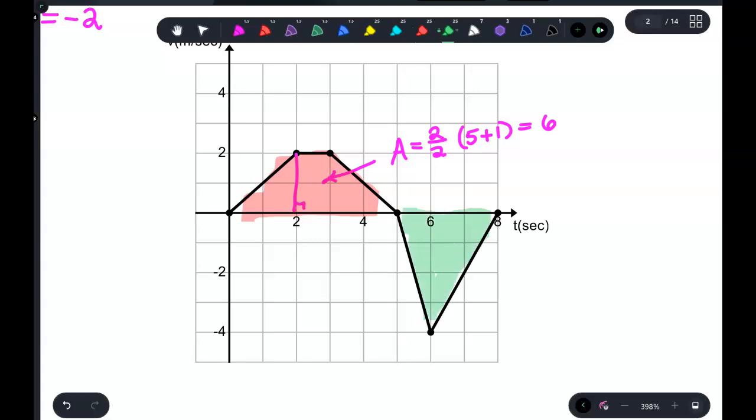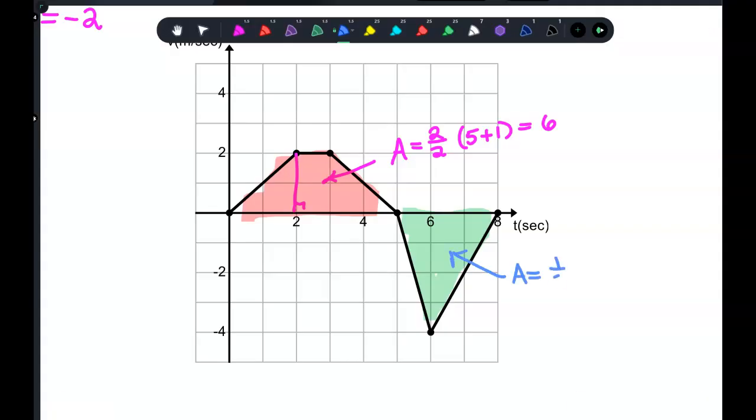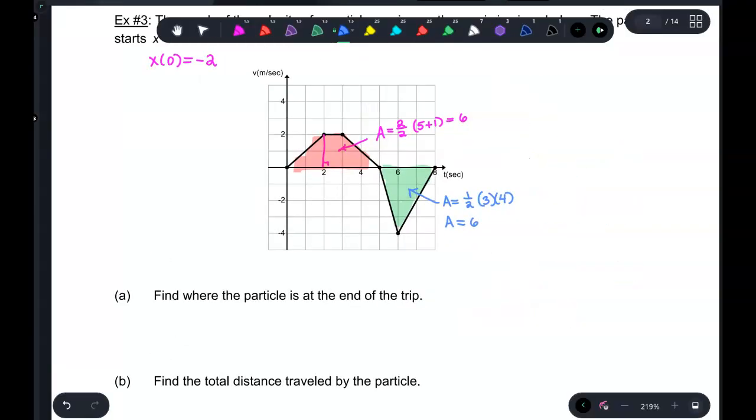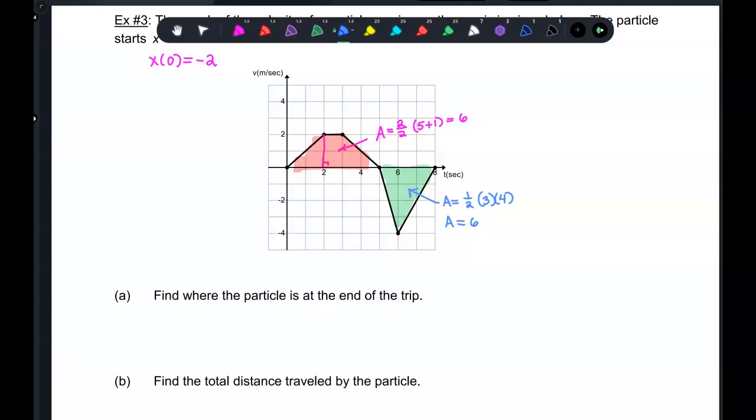What do we get for that? 3 times 4, so that'll be 6 also. Good. So yeah, it's basically -2 plus 6 minus 6, so we get -2.